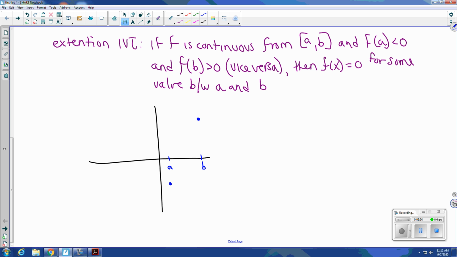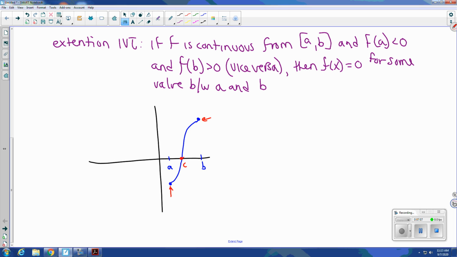If I draw a continuous function from one point to the other, I have to pass over the x-axis. Guaranteed that there's a value between a and b. In this case, it would be this point right here, where f of whatever that point is, we'll call it c, equals 0. Okay, there's no way that I can connect this dot here to that point there without crossing over the x-axis. So that's an extension of the intermediate value theorem.